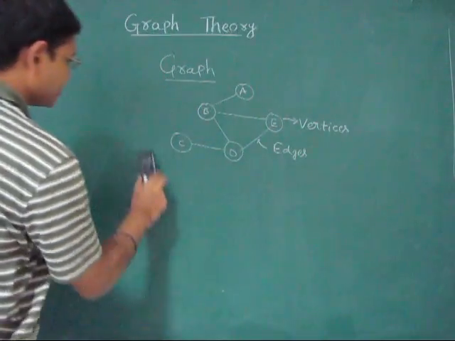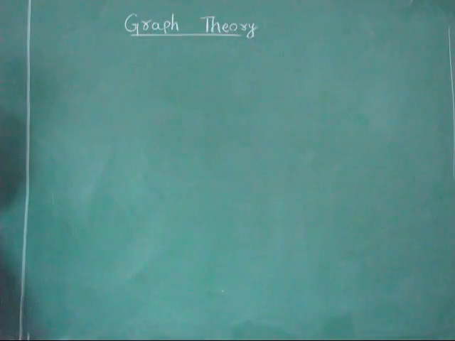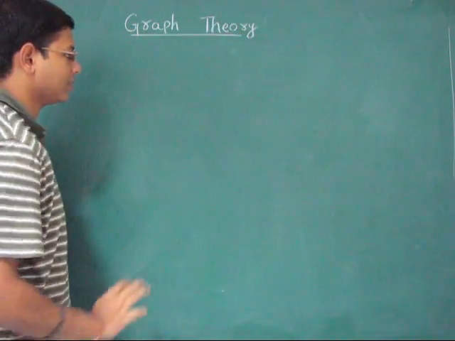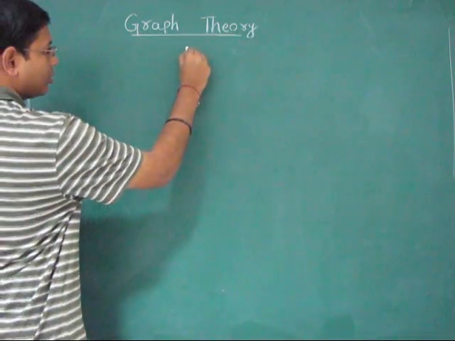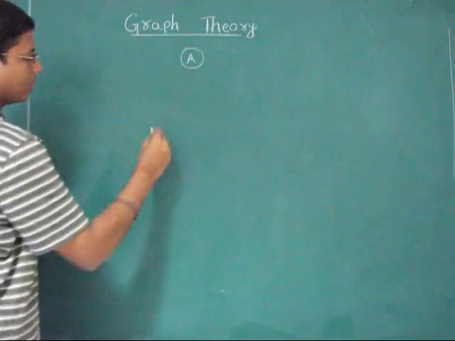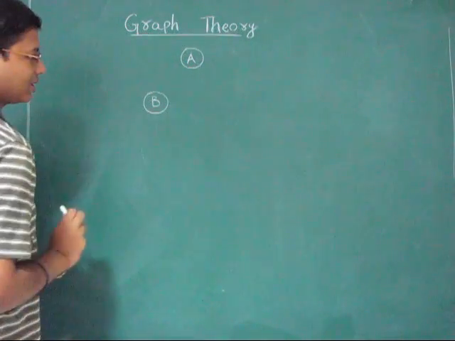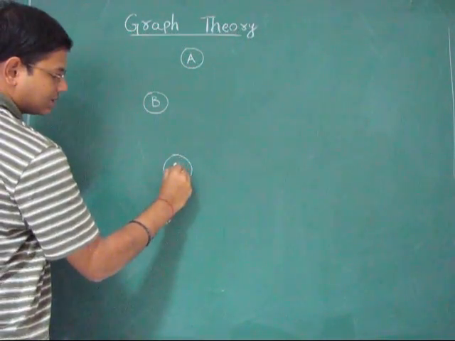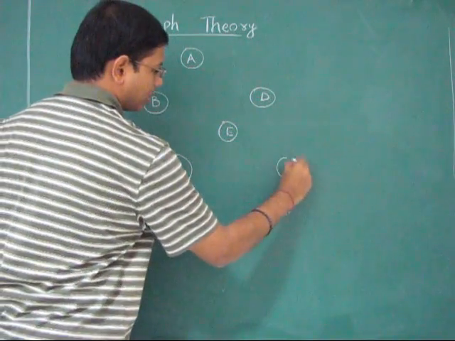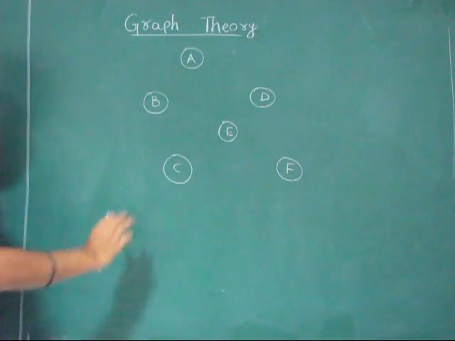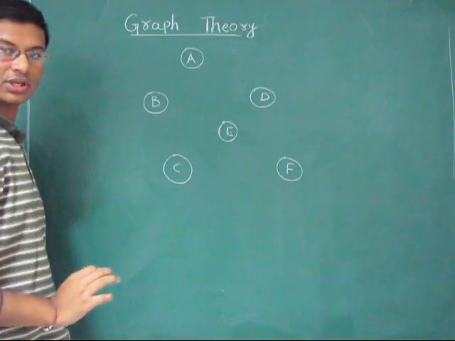To give a simple real-life example of a graph, let's look at a map of a city, where each place is represented by a vertex. Let's treat them as cities. There is a city A, city B, city C, city D, E, and so we have 6 cities, and a road connecting two cities will be represented using an edge.